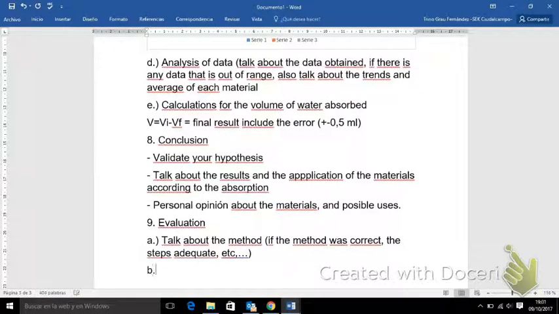Second thing that you need to talk about in the evaluation is the limitations.